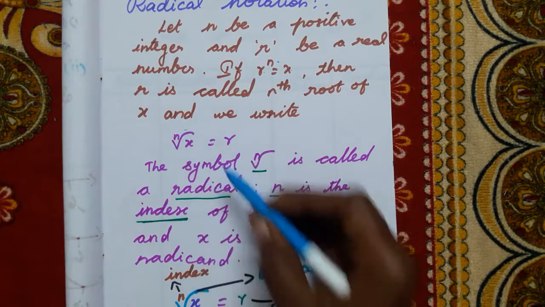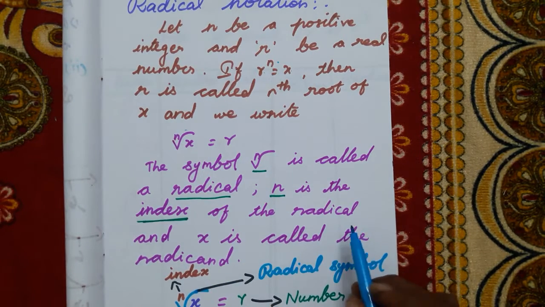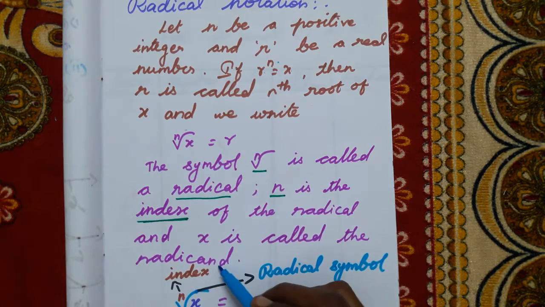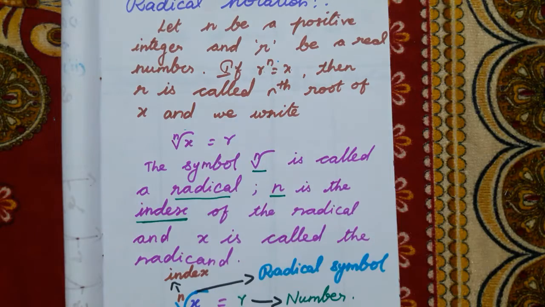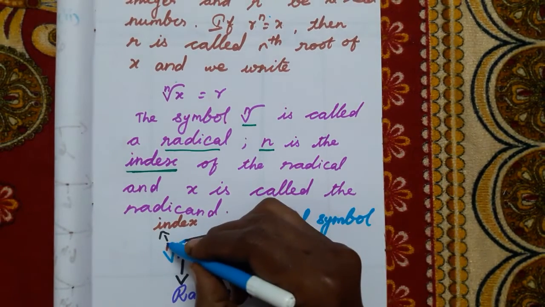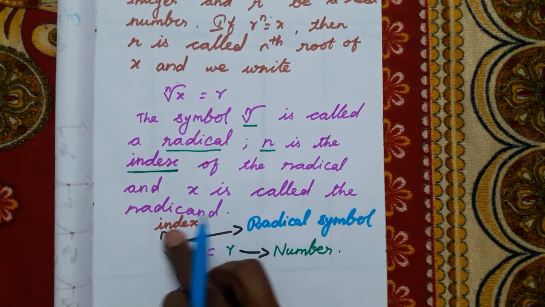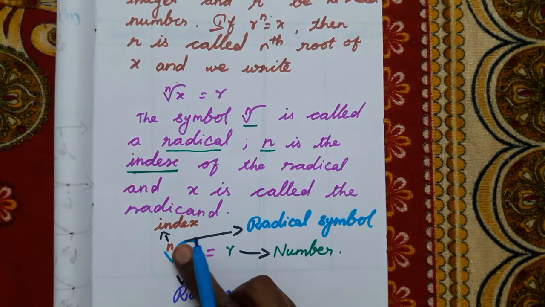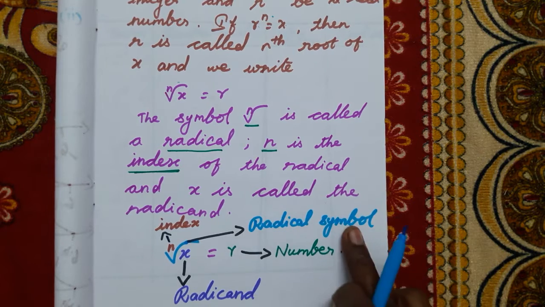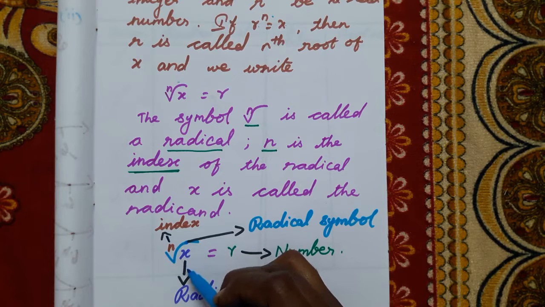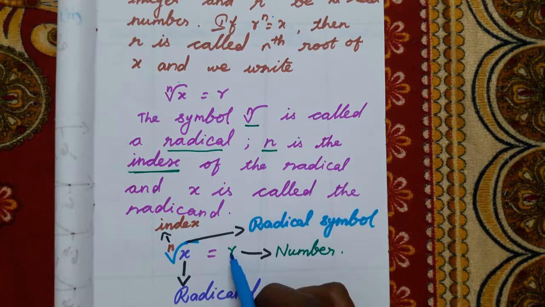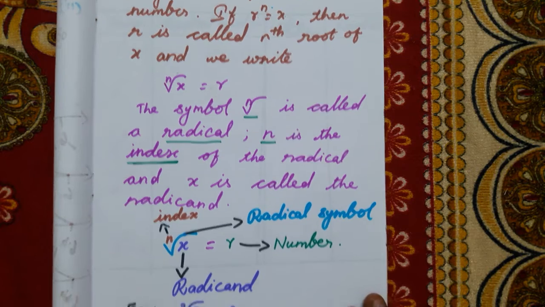Then x is called the radicand. This symbol is the radical sign. The value inside the radical sign is the radicand. Then r is the number. One example.